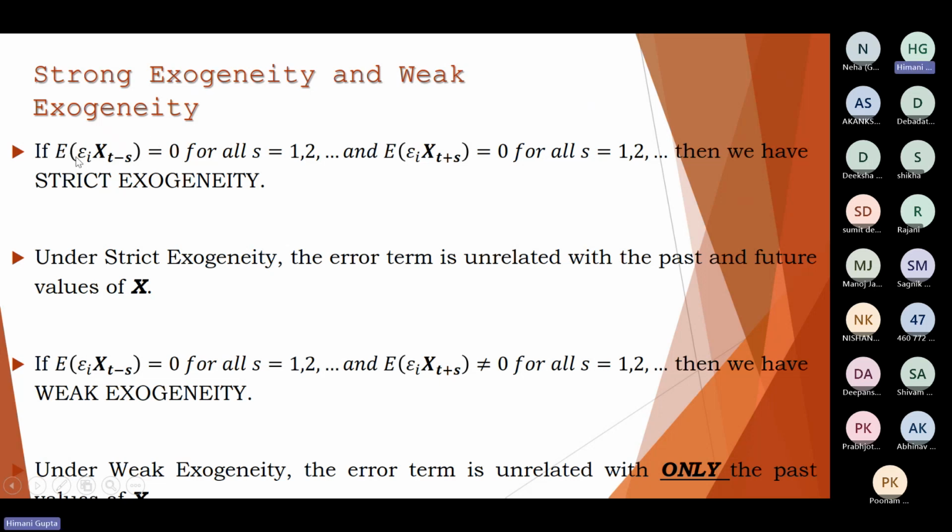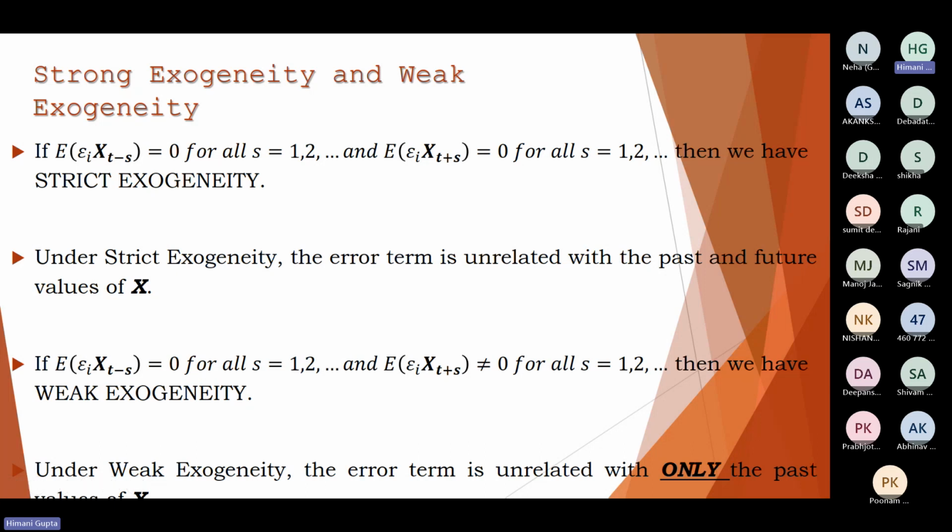Strong exogeneity means your error term for all the individuals, where an individual can be a person, a firm, or a country, and your explanatory variables, that means your independent variables, at t minus s should not be related to all t's, whatever the previous lags.